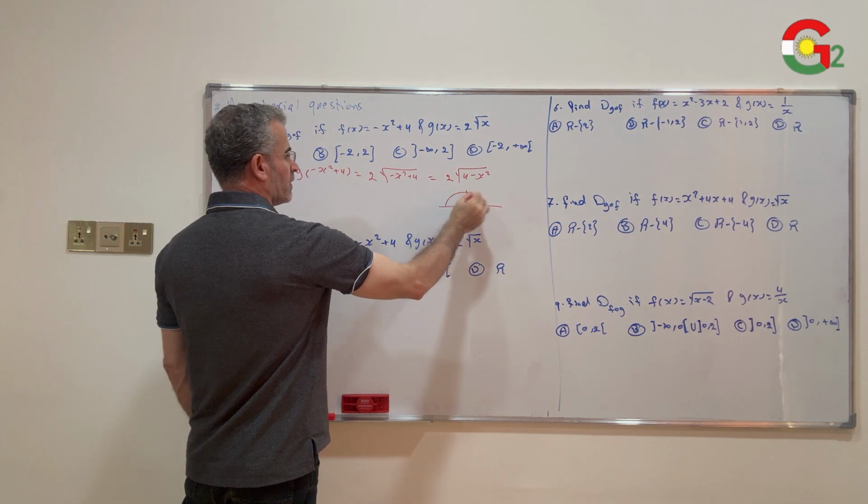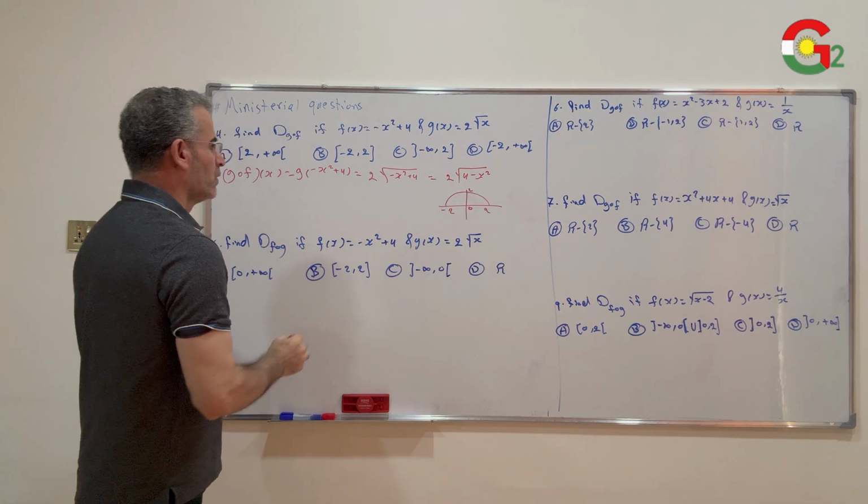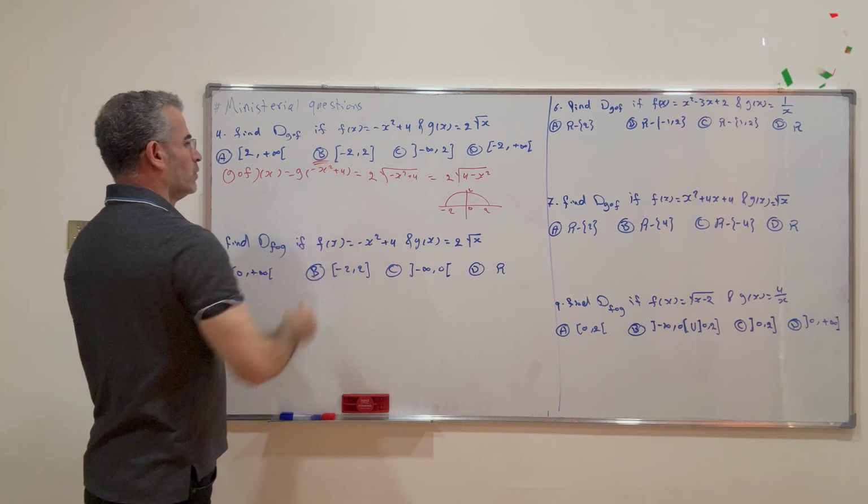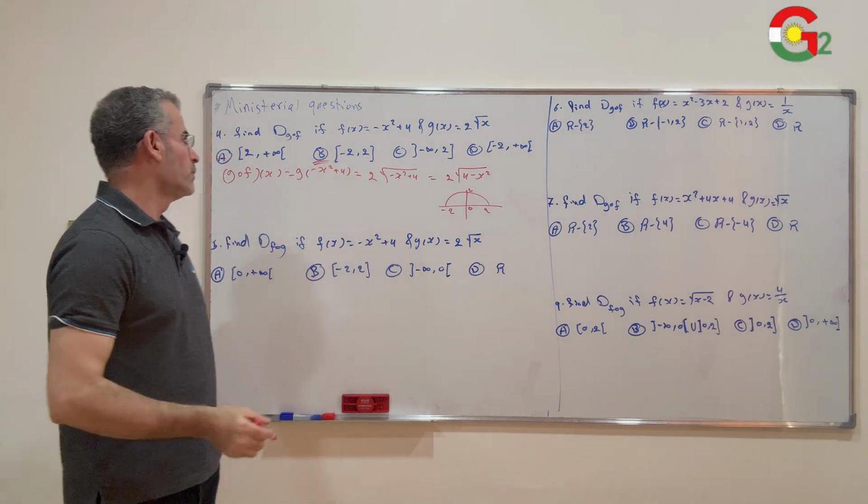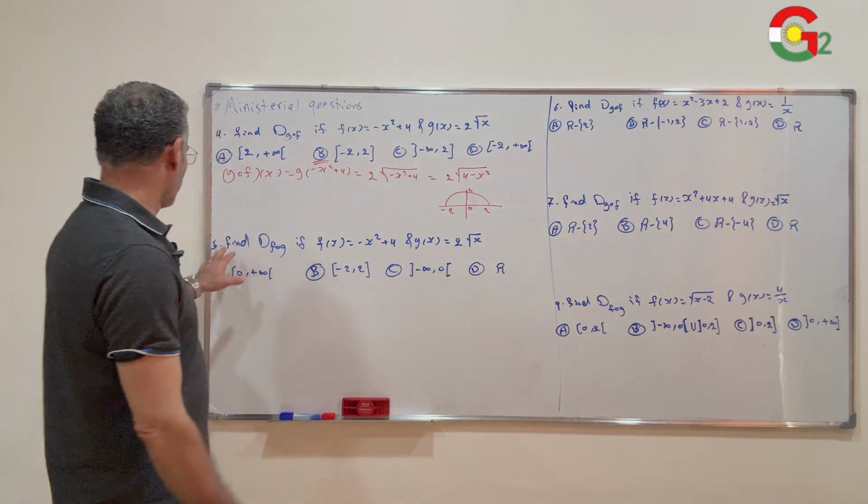The graph of this function is from -2 to 2. Then the domain is -2 to 2. Choice B.